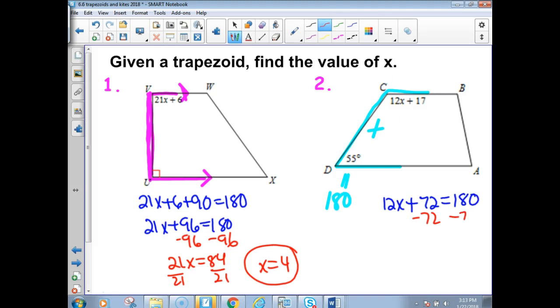Subtract 72. All I did was combine my numbers. Subtracting 72, I got 12x equals 108. And 108 divided by 12 gives us x is 9.